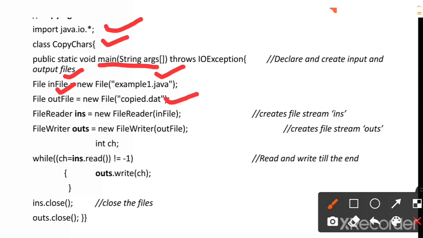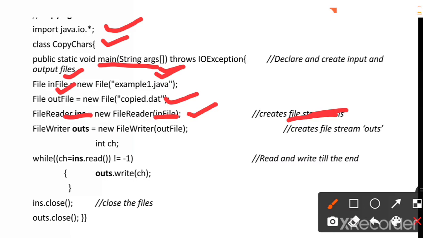And in the next line I'm linking that file object to the file stream object, by creating a file stream object, that is ins, and then I am linking that file stream object to the actual file by writing new FileReader(inFile). So inFile is the file object, which is linked to the actual file, that is example1.java, and later indirectly I am linking that file object to the file stream that is ins.